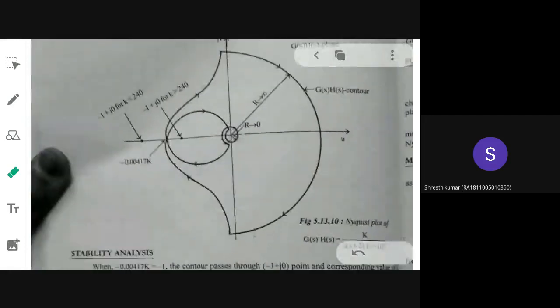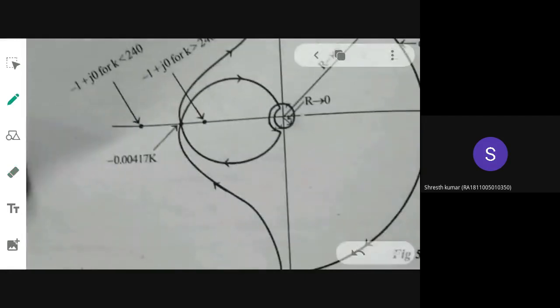Now the next thing is you have to find out what the crossing point is. Already you have checked what the crossing point is. So this is your crossing point, minus 0.0417K. In this you need to substitute K is equal to 1.